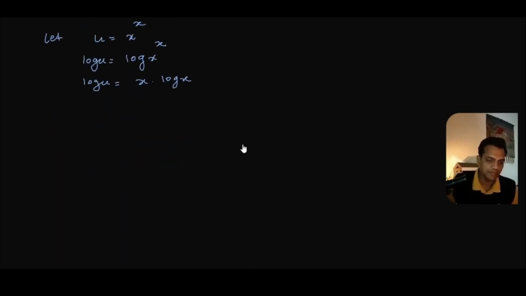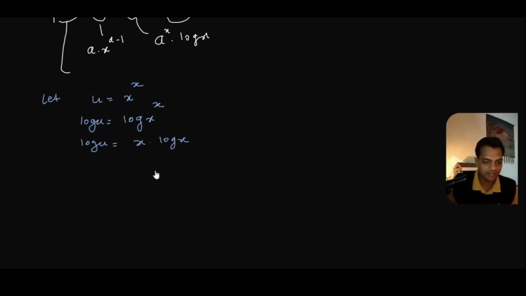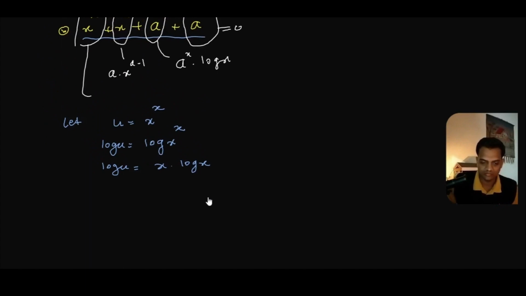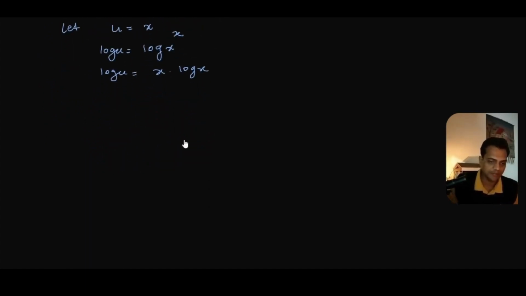Now it's simple. How to take the derivative of this? For that I have to apply the derivative on both sides with respect to x, so it will become 1 upon u into du by dx.